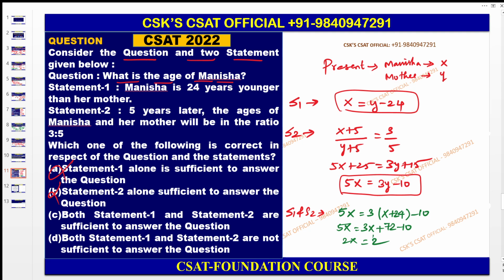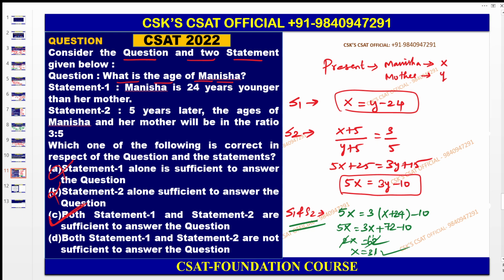So therefore here 62. Then we can cancel. X is equal to 31. Yes, we can find out the age. So therefore both the statements are required to find this. Okay, so C is the correct answer. Both are sufficient to answer the question. Shall we move on to the next one?